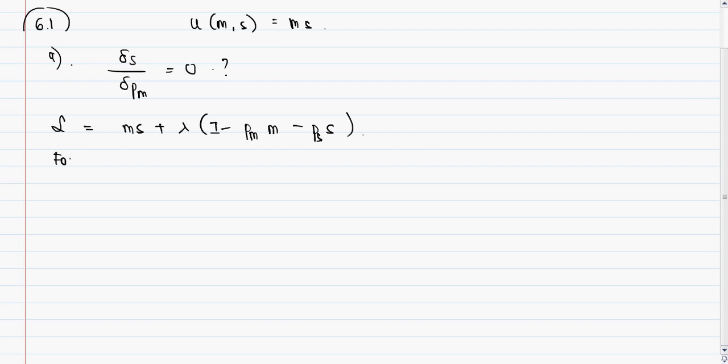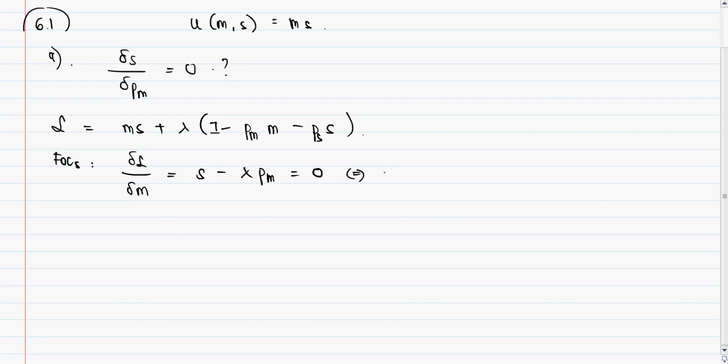Okay, so we just have to find the first order conditions where we differentiate L with respect to m. That will give us s minus lambda pm equal to 0.